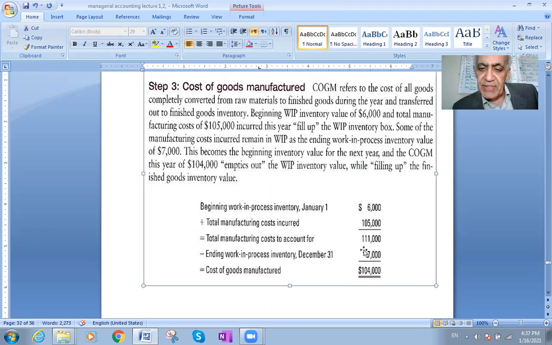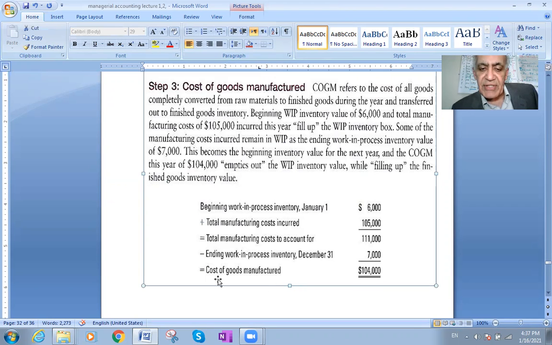So all this will come to 111,000, but minus the ending work in process inventory, because the in-process inventory I didn't sell, it is still in process, so I have to take it out.